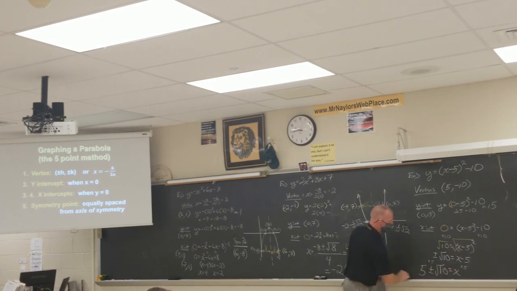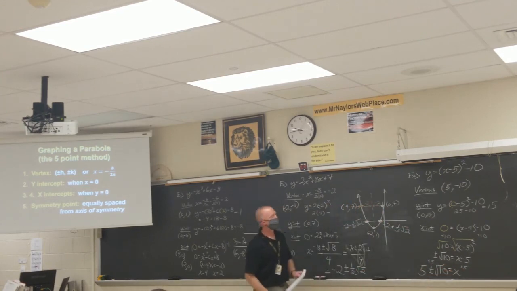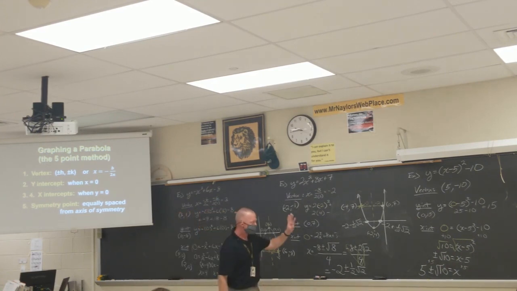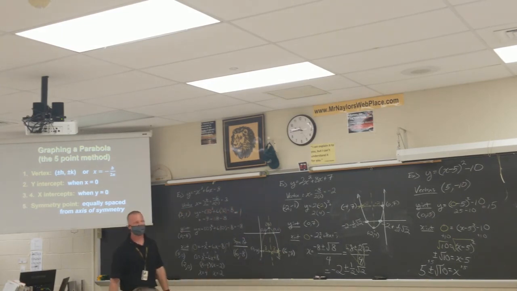Now 5 plus or minus root 10 is, or are, the x-intercepts. And it's another little conjugate, or kind of like a decimal. I'm going to stop there. I don't want to hurry up and draw a graph, but we would need to draw the graph and find the symmetry point. But that would work out the same as it did for the other one.